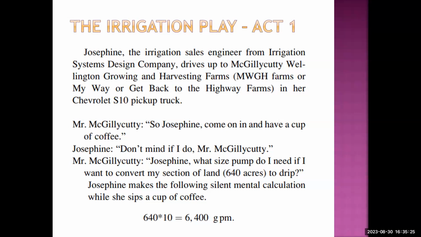So Josephine, come on in, have a cup of coffee. Don't mind if I do, Mr. McGillicuddy. Good pronunciation. Josephine, what size pump do I need if I want to convert my section of land, 640 acres, to drip?